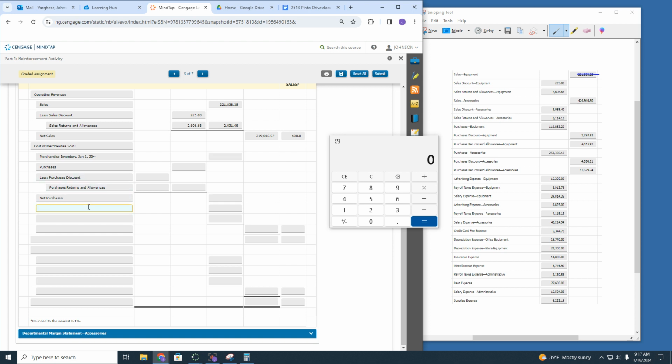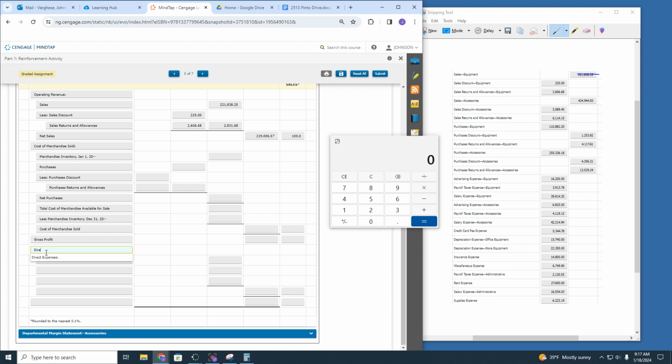So once I have net purchases, I'm going to be able to get my total cost of merchandise that's available for sale, and then I'll subtract out my ending inventory for merchandise. And once I've subtracted out my ending inventory, then I know what I ended up selling during the period. So then I can calculate my gross profit, because my net sales minus my cost of merchandise sold is going to equal my gross profit.